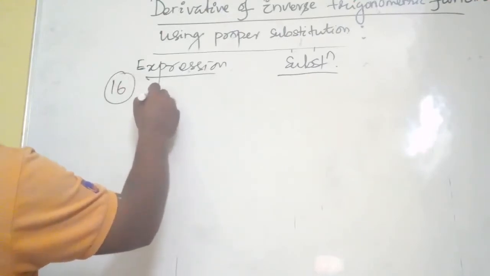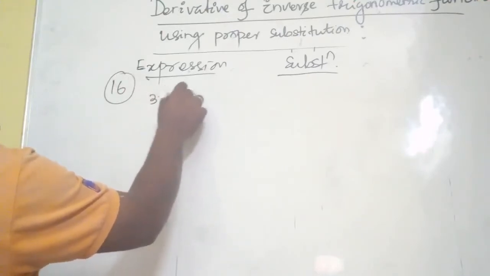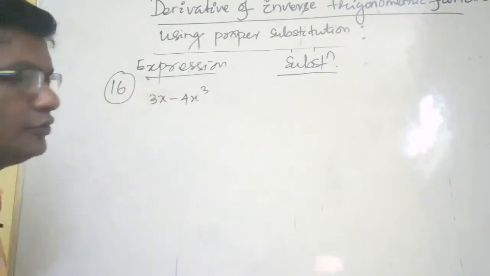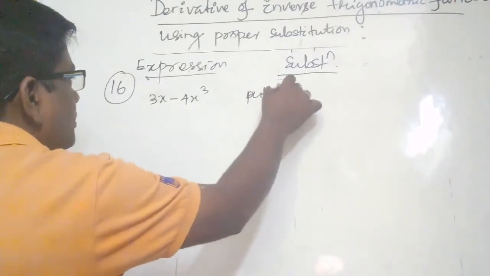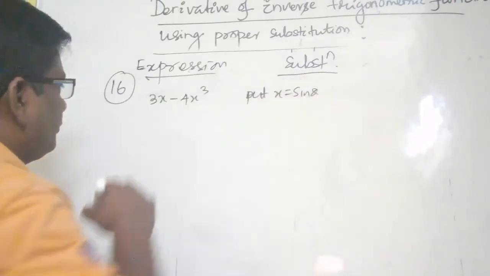This is 3x minus 4x cube. Put x is equal to what? x is equal to sin theta.